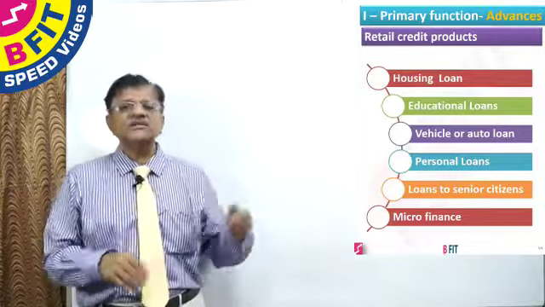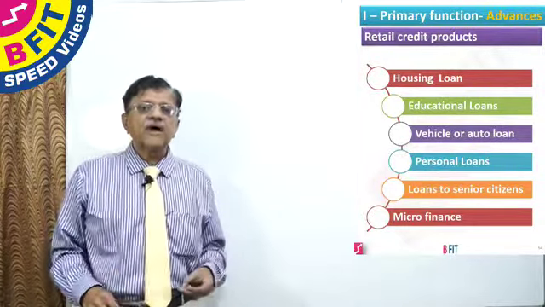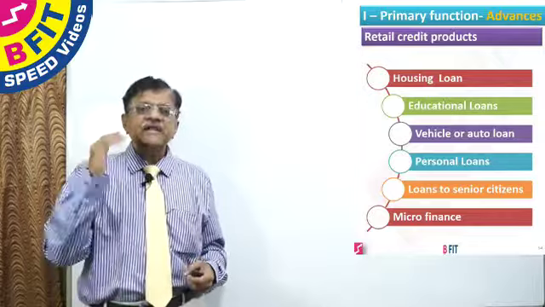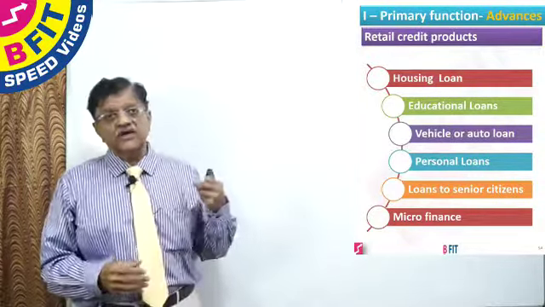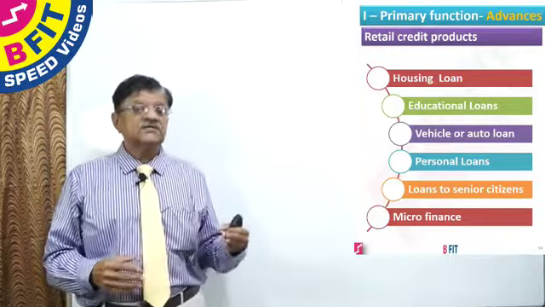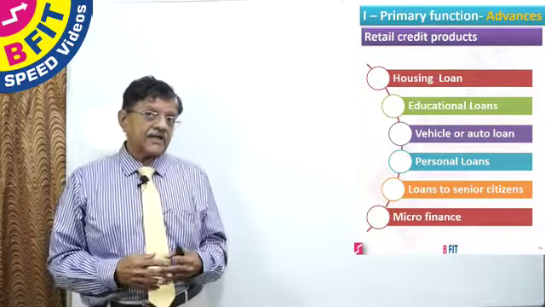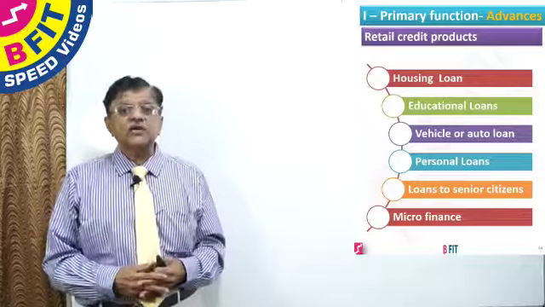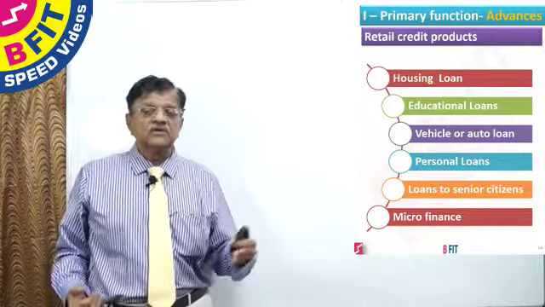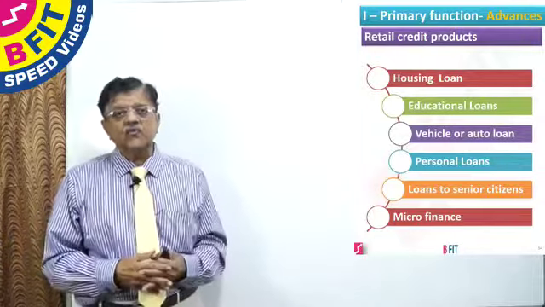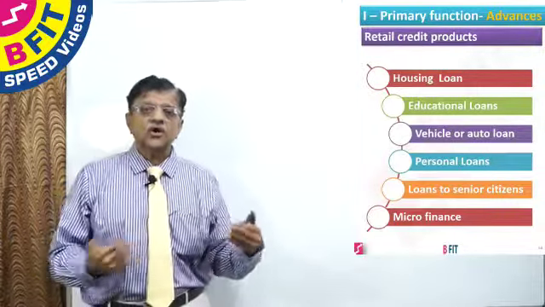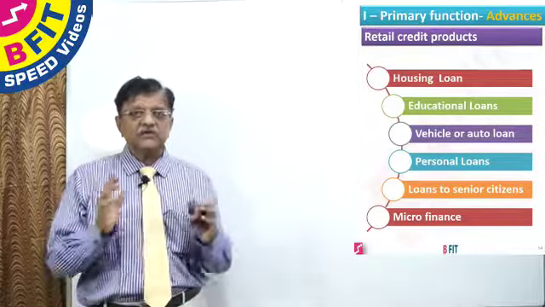We had a very good customer and I wanted to give him a housing loan, so I was fighting with my GM. Finally, the proposal was rejected because I was told that in those days a commercial bank cannot venture into long-term loans, because a housing loan extends to 10 years, 15 years. Therefore, that loan was rejected.